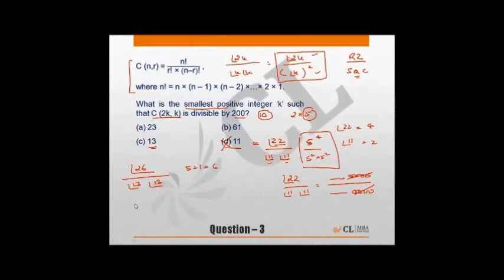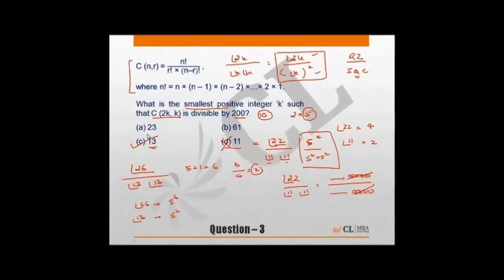So 26 factorial will be a multiple of 5 to the power 6 or 10 to the power 6. 13 factorial, 13 will have 2, so 5 square. In other words, this number will have a power of 6 in the numerator and power of 4 in the denominator, or a net power of 2. So the correct answer has to be choice C.